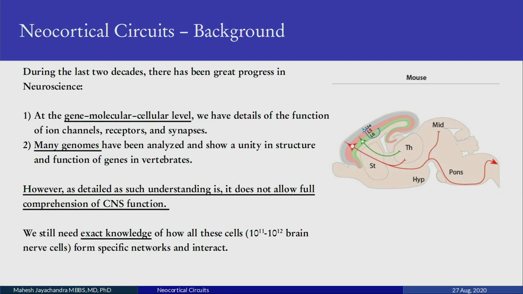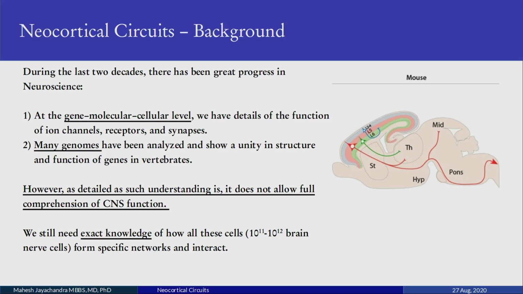So the background. During the last 2 decades there has been great progress in neuroscience. We've had an explosion of knowledge at the gene, molecular and cellular levels, with details of ion channels, receptors and synapses all being worked out. Also, the genomes of many different animal species have been worked out, and they show a unity in structure and function of genes in vertebrates especially.